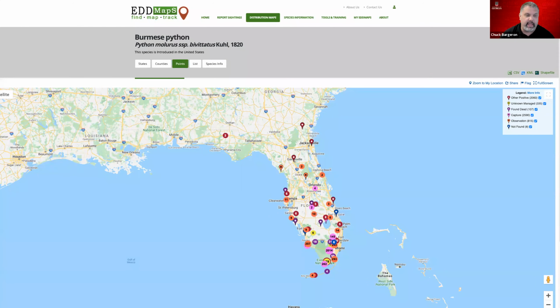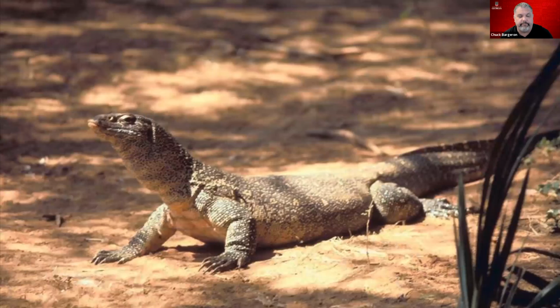In a lot of cases, there's not been a documented breeding population above Orlando at this point, but we are starting to see individual snakes that have been reported and documented in the northern parts of Florida and into Georgia.